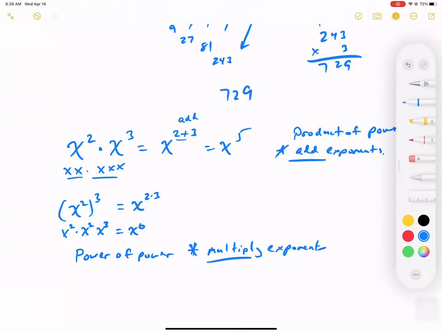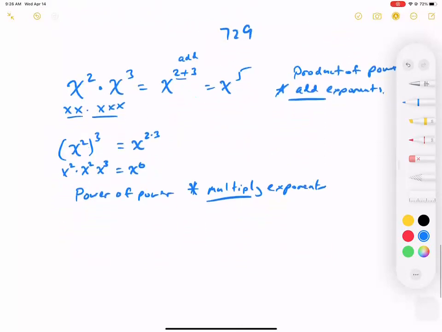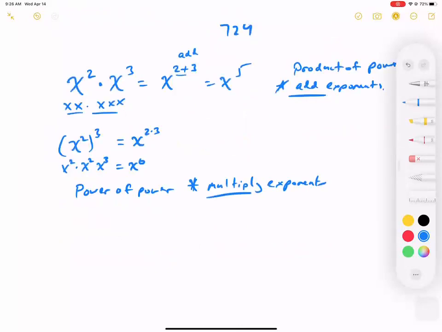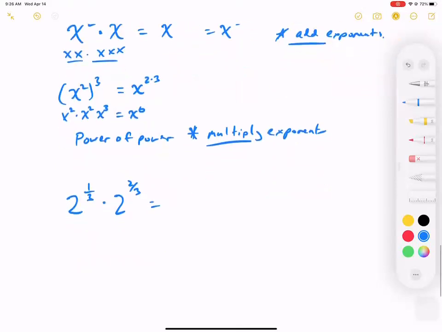Okay, so if this is a general rule for whole numbers, does this really change for exponents? Well, if I write, let's do 2 to the 1/3 times 2 to the 2/3. These aren't whole numbers. So what am I going to do? I'm going to draw like a third of a 2, and this is like a 2/3 of a 2. Oh, look.